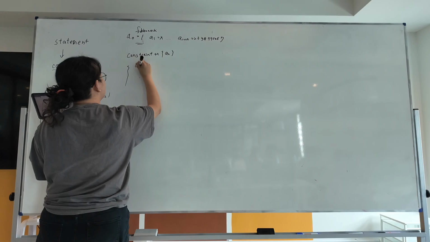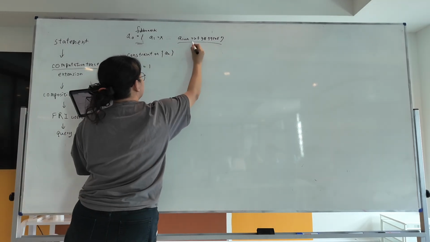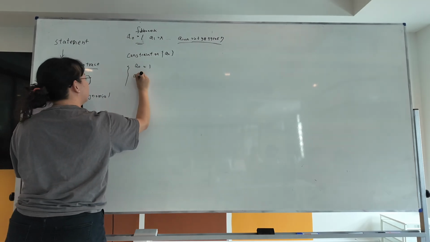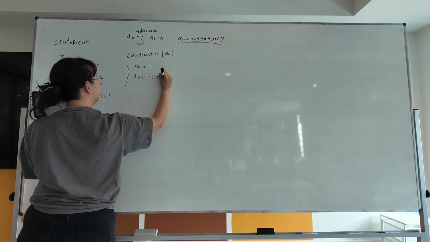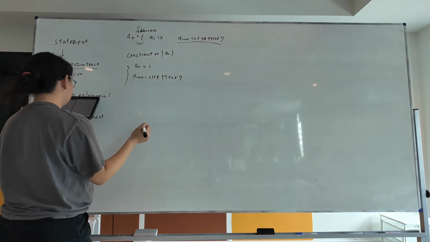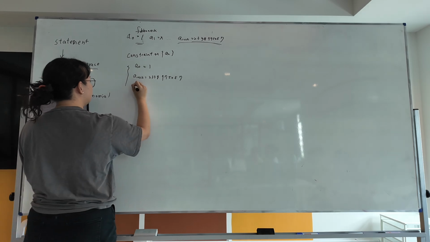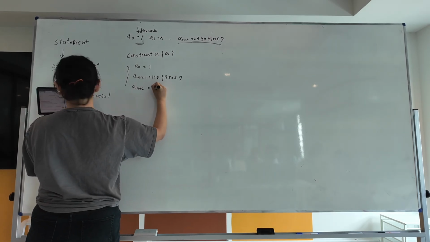So A0 equals 1 is one of the constraints. And then the final value is this one. The final value is also one of the constraints. And the next constraint is basically saying that this sequence is computed correctly.